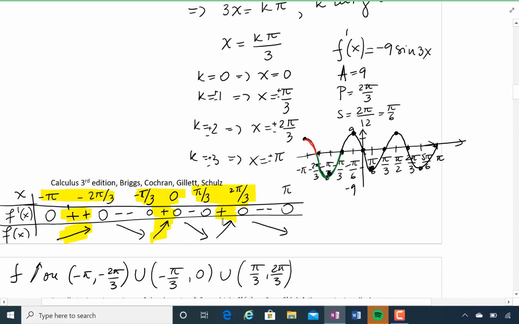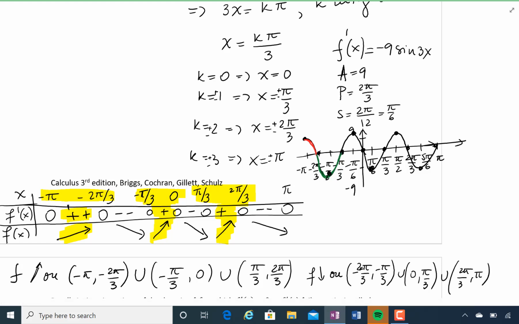And f is decreasing on negative 2 pi over 3, negative pi over 3, union 0, pi over 3, union 2 pi over 3, pi.